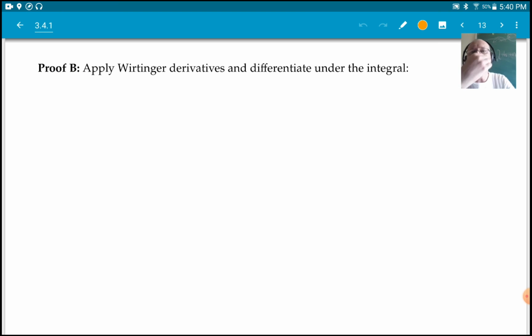But there is a second proof, which is actually the one that I would probably think of first, even though it's slightly more complicated. But it's maybe the one that looks more like a whole bunch of other similar proofs.